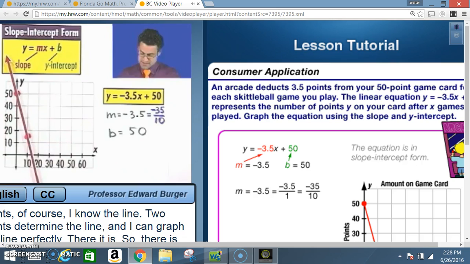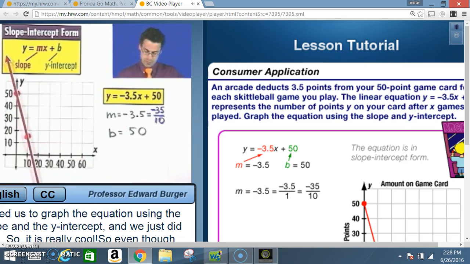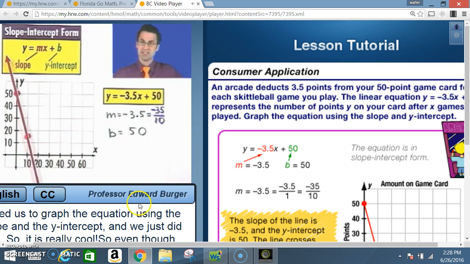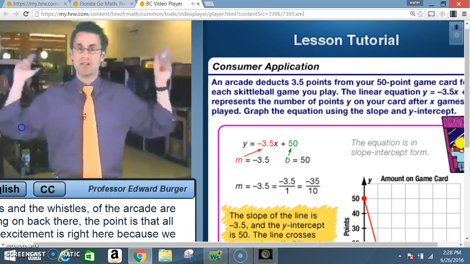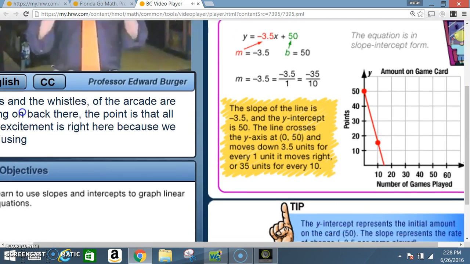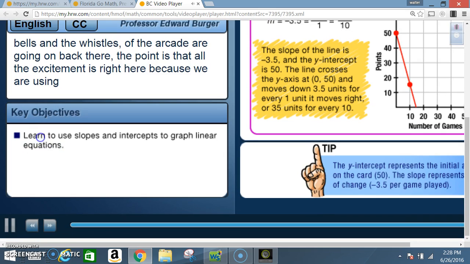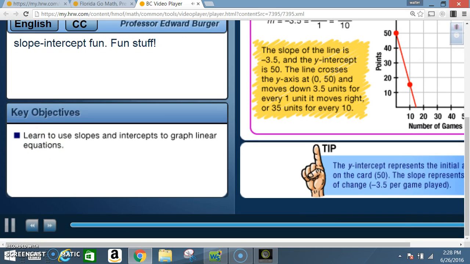There it is. They asked us to graph the equation using the slope and the y-intercept, and we just did that. So even though the sounds and the bells and the whistles of the arcade are going back there, all the excitement's right here because we're using slope-intercept form. Fun stuff.